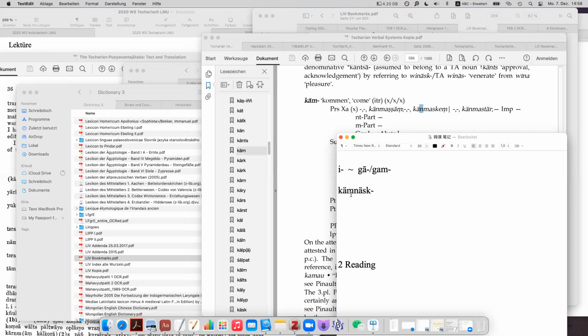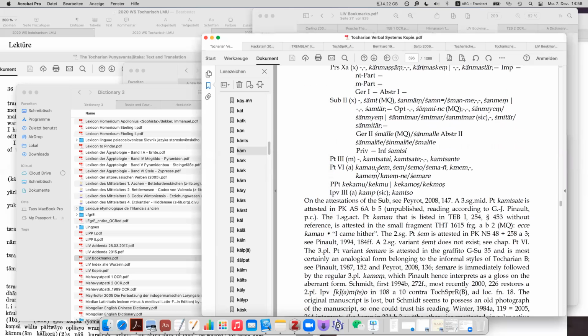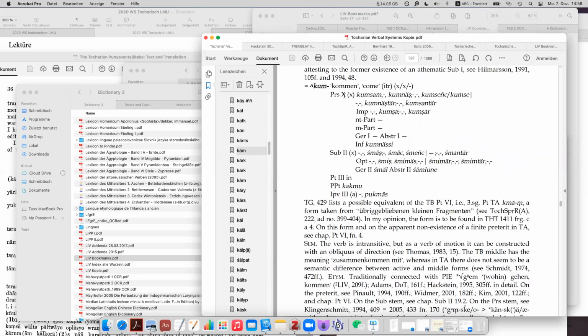And then this nusk is a metathesis, right? I write it here. So you have a metathesis, you have musk. So this is the reason why you have musk here. Yeah. But in Tocharische A, it is preserved. No, it's not preserved. It's still the same. Kumnash. Yeah, kumnash. It's like this.